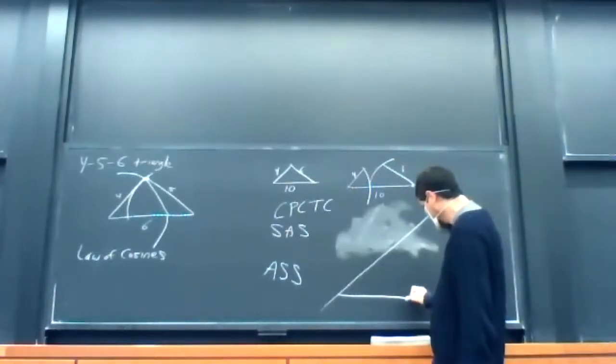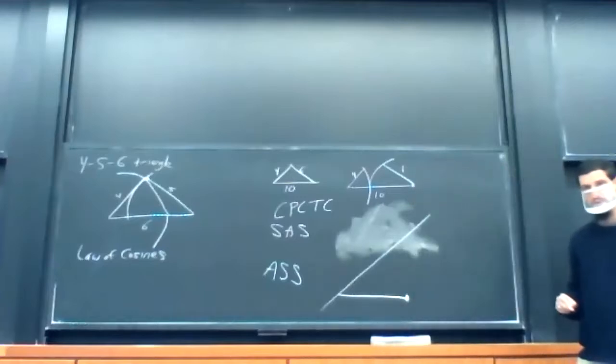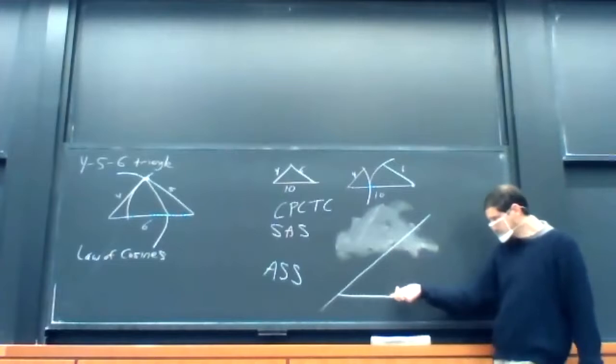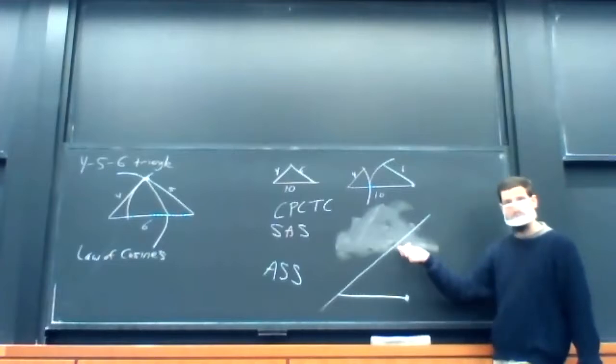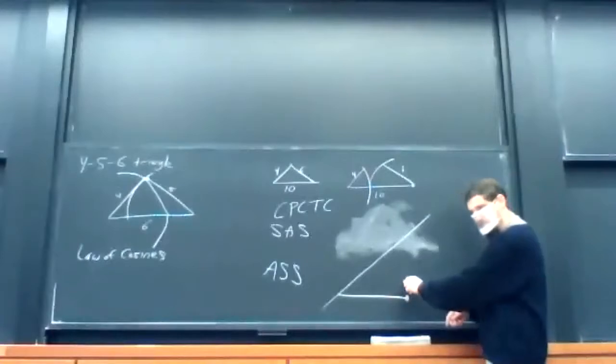And now we know this side, and I know the side coming from here. What does it mean to know the side coming from here? It means I draw a circle with that as the radius, and I see where it intersects the line. If the side length is too small, can it intersect the line? No. So if the side length is too small, there will be no such triangle.